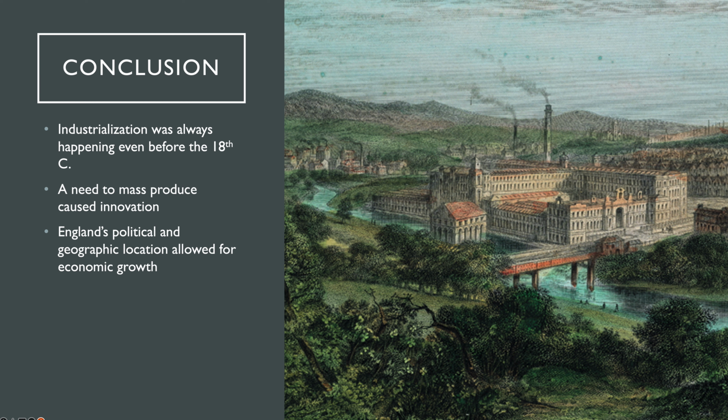And then lastly, we see England's development of the Industrial Revolution be the culmination of all the different things that happened before, from obtaining colonies, right? Obtaining slave labor, obtaining resources within their own kingdom, right? Coal and iron, and then developing innovation, right?